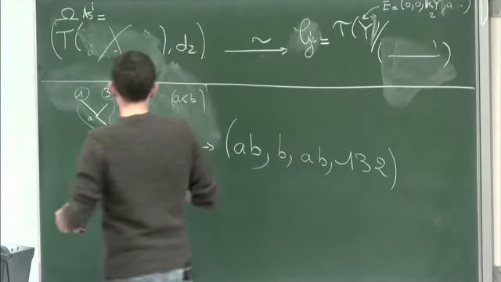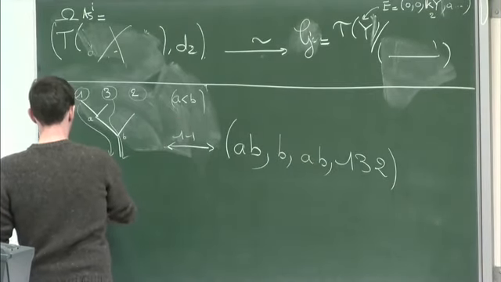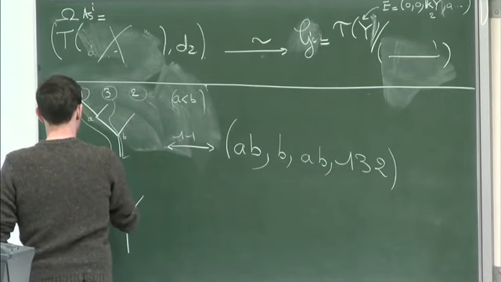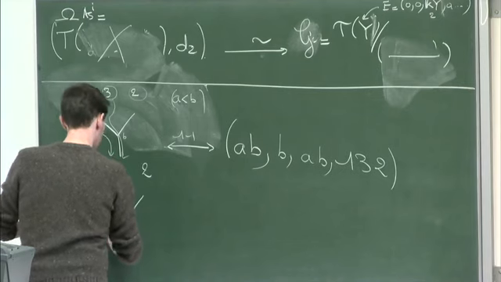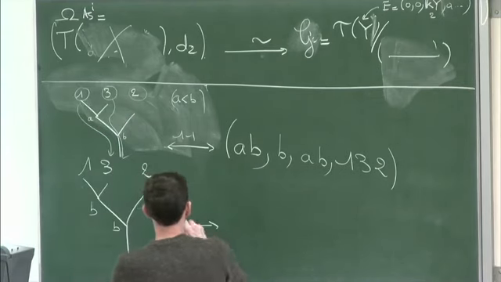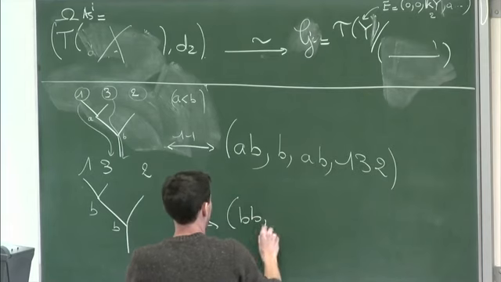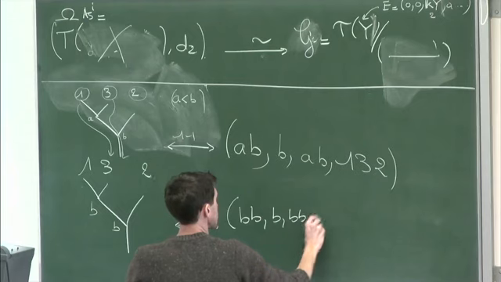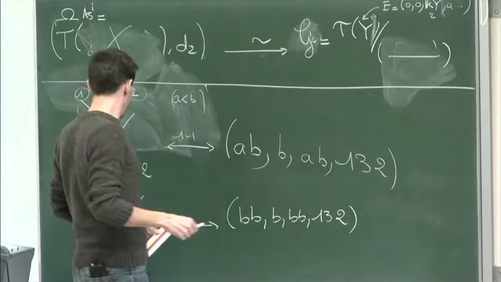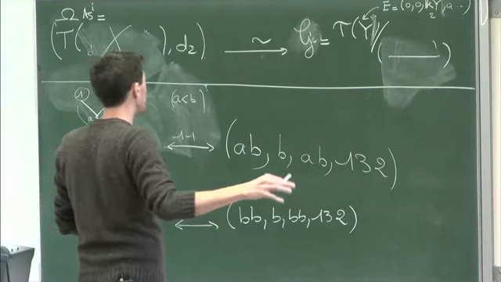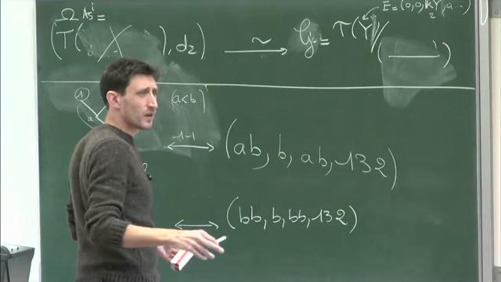So for instance, if I consider the same tree with B and B, I will get which sentence? The first word has 2 letters because of the type of the tree.